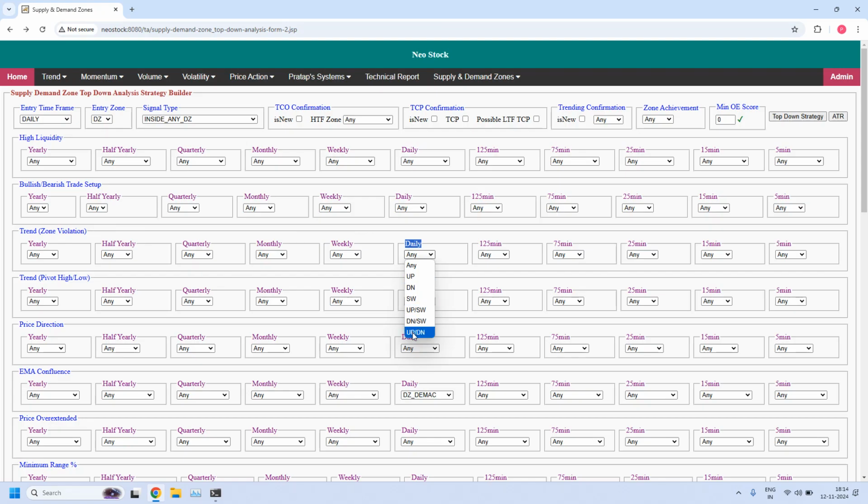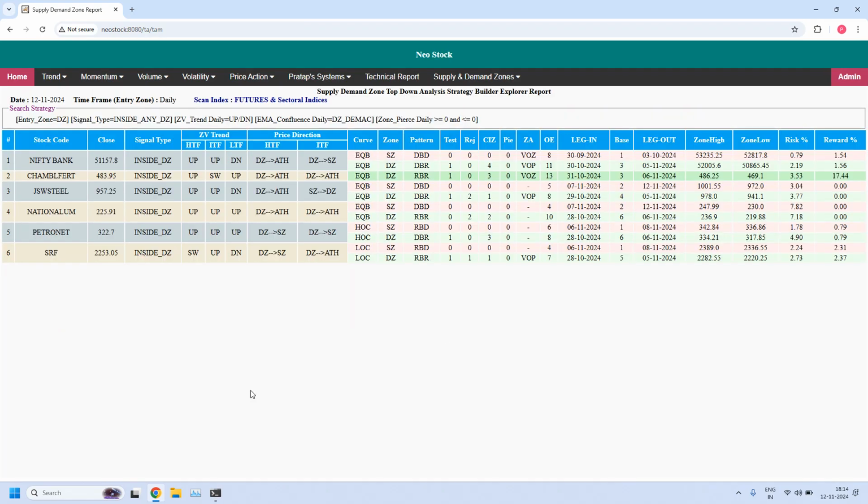That means it can be up or down. Uptrend can be useful for bullish trade setups. Downtrend can be useful for counter trend trade setups. We got only 6 stocks from 50. Only 6 stocks have EMA Confluence.